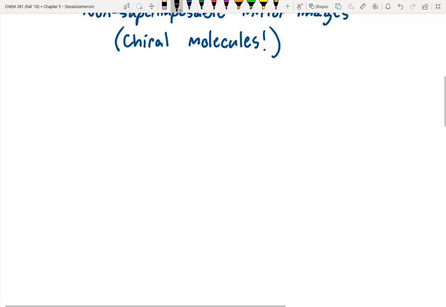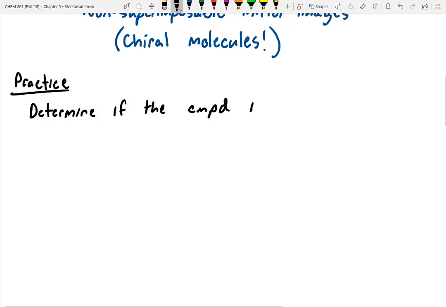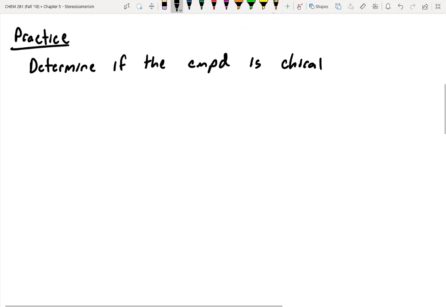So let's do some practice. Let's determine if the following are chiral. And I'll give you an example. And in this example, I've got a cyclic ring system.